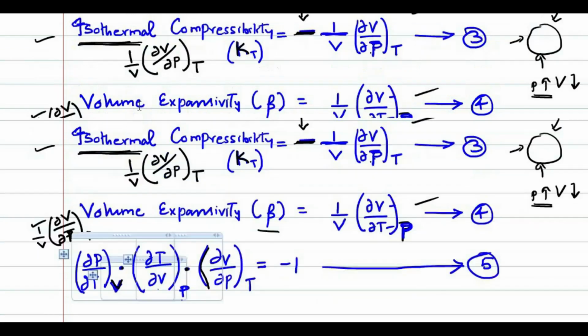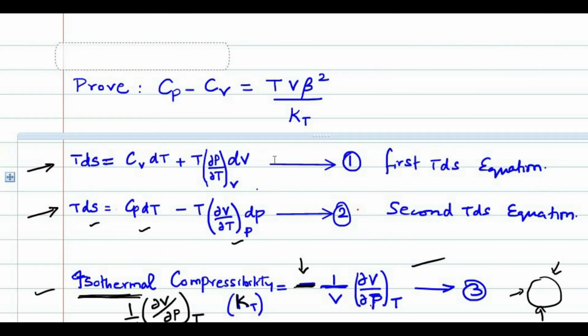Take down the two equations, equation 1 and 2, the TdS equations. Both are TdS only. We can equate the right hand side of both the equations.